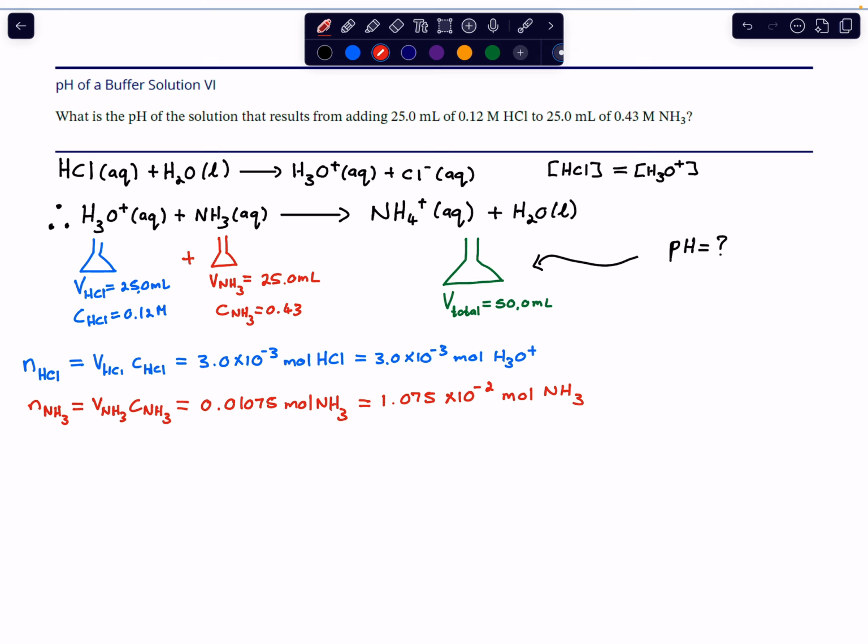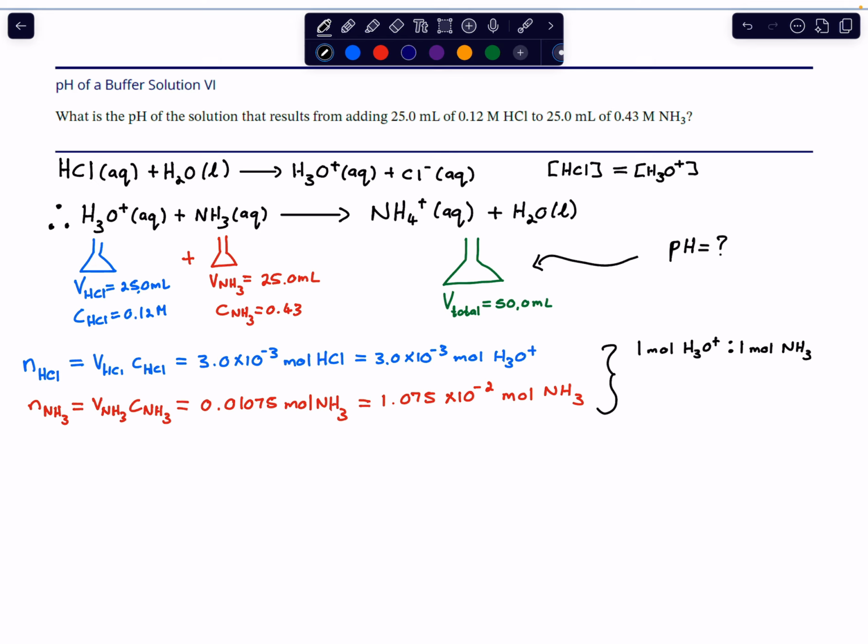So what we can see from these two, if we start comparing now what our two reactant number of moles are, which I hope you see. Firstly we have a 1-to-1 reaction, right? The amount of hydronium, or the amount of HCl, that reacts with ammonia is a 1-to-1 reaction. So 1 mole of hydronium reacts with 1 mole of ammonia.